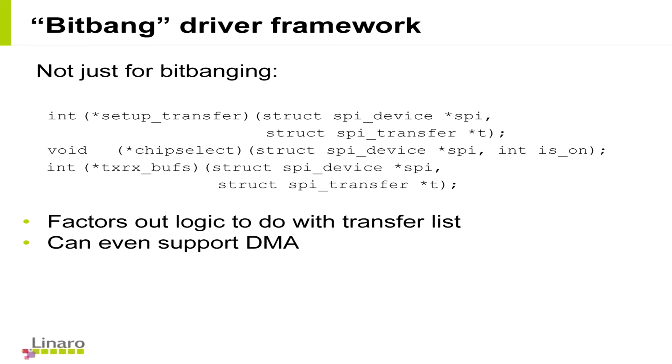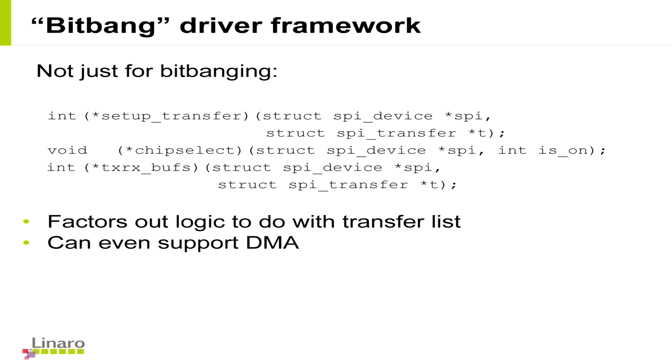You get setup transfer, which sets the hardware up in the correct configuration for the transfer. You get chip select, which asserts and deasserts chip select. While I said that the message models the assertion of chip select, there are actually some things you can do within a message to play around with chip select, so it's not completely trivial to handle chip select.